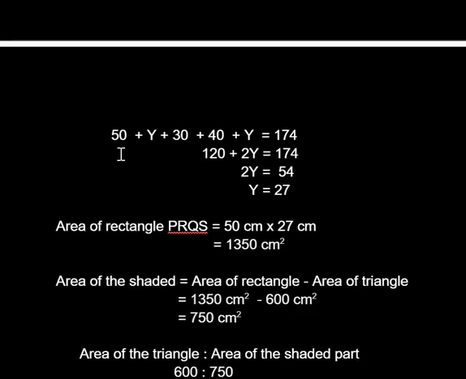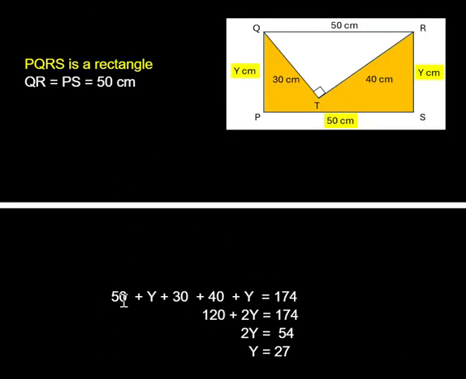Then we have 50 plus y plus 50 plus y plus 30 plus 40 plus y is equal to 174. We add up: 120 plus 2y is equal to 174, 2y is 54 and y is 27. So now we know this is 27 centimeters.